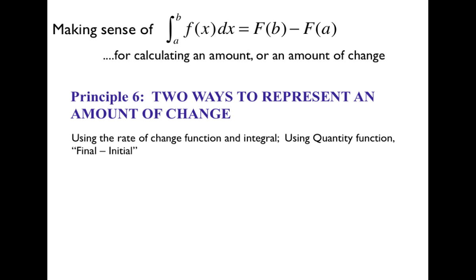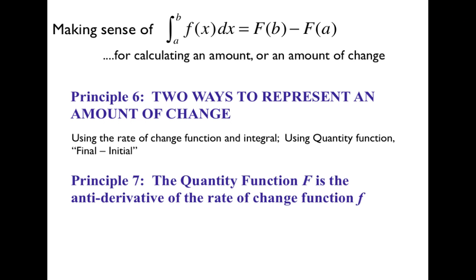And so then principle 7. Looking at principle 6 over here on the left, we use the rate function and the integral, or we use the quantity function and just take final minus initial. And then finally, it's the relationship of capital F and little f.